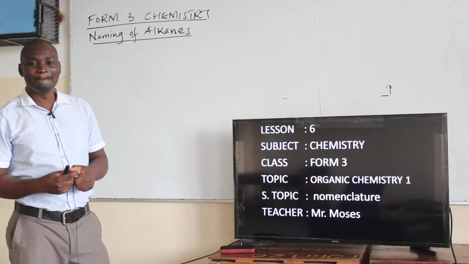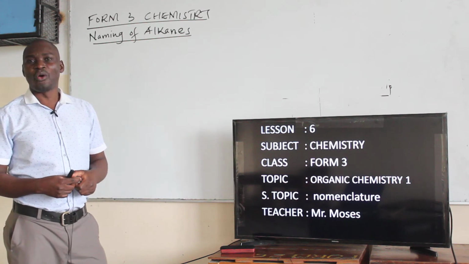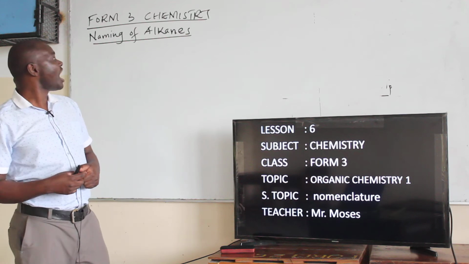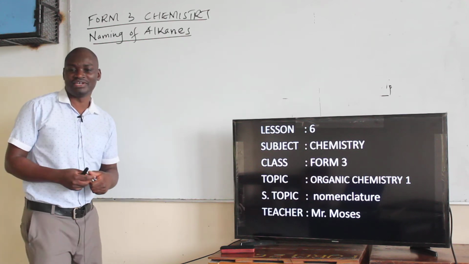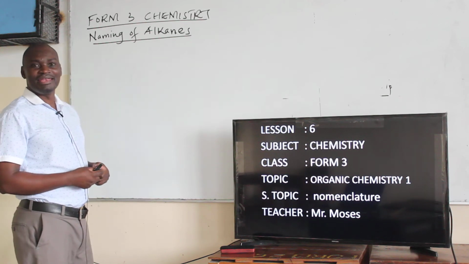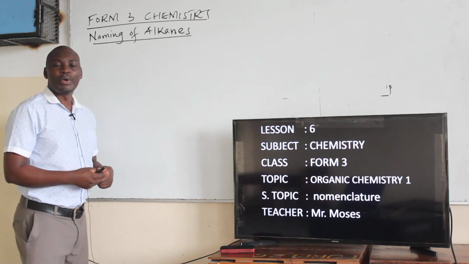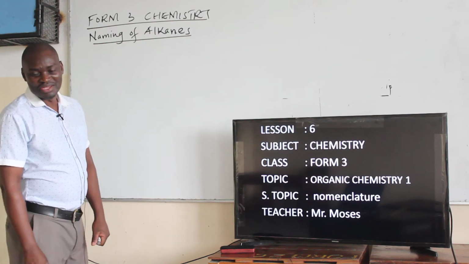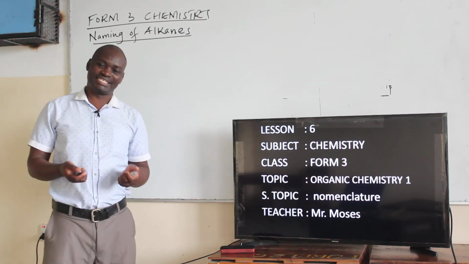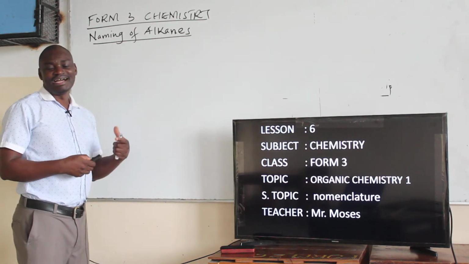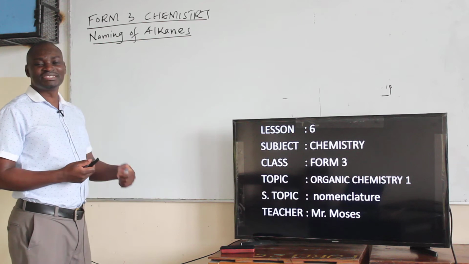This is from pre-chemistry, organic chemistry 1, dealing with nomenclature of alkanes, naming of alkanes. In our last lesson, we looked at how to name the alkanes. But today we want to do the opposite. We want to draw the structures based on the names that are given.